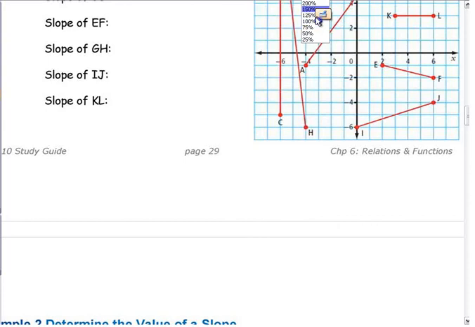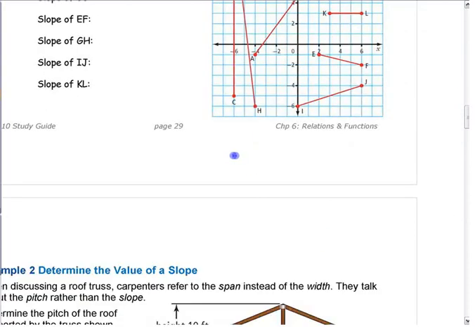So something else you should know here is 0 slope. This has 0 slope. You should probably make a note of that somewhere. 0 slope. Vertical line, undefined slope.